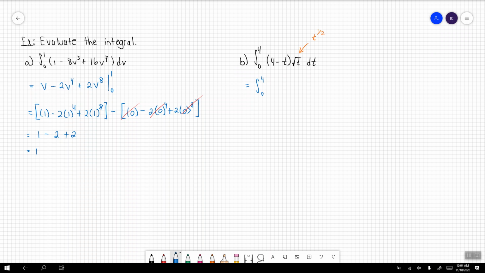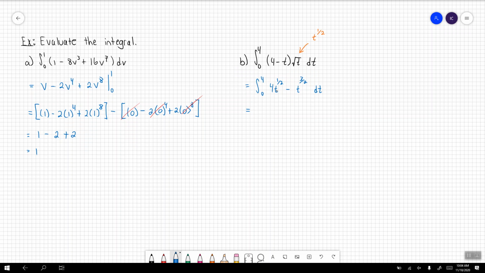And so when I distribute, I'm left with 4 times t to the power of 1/2 minus t, which has an exponent of 1, but when it multiplies t to the power of 1/2, the exponents add, which means we're left with t to the power of 3/2, and this is dt. Now this function is in the perfect form to find the antiderivative.